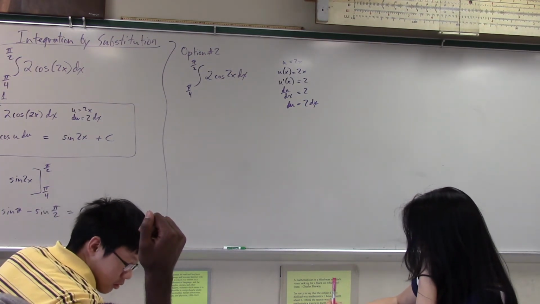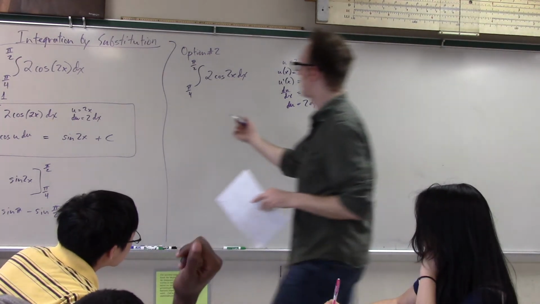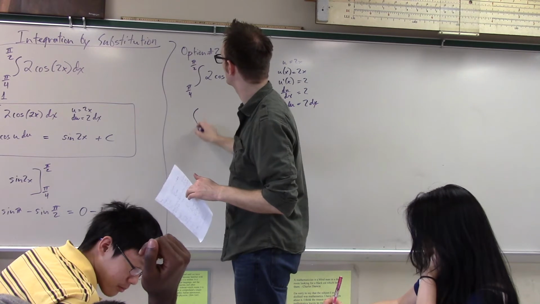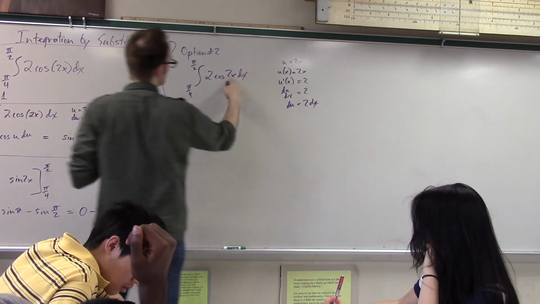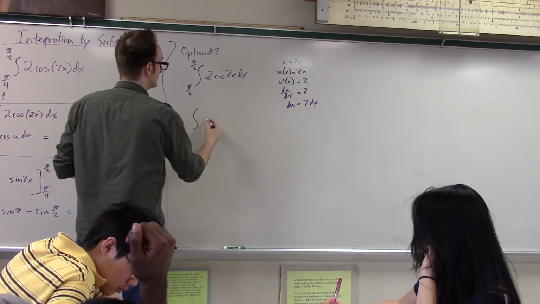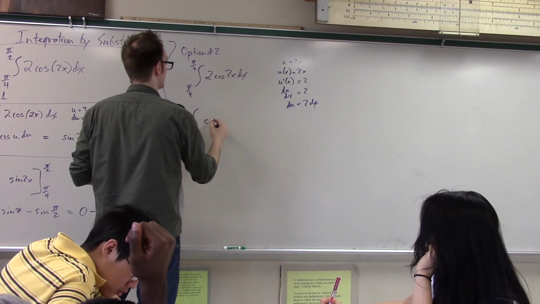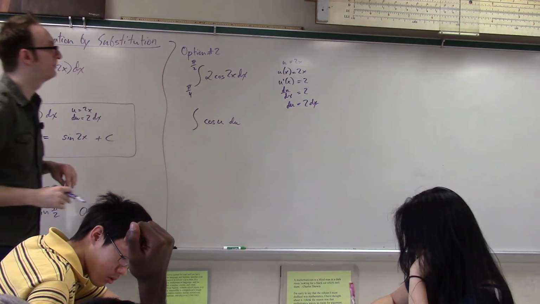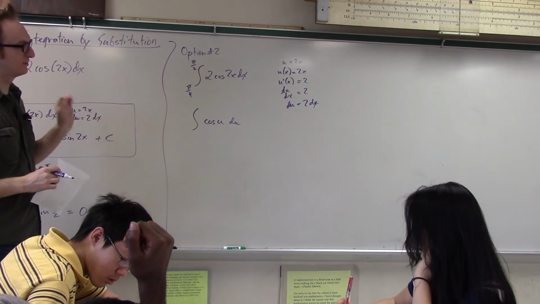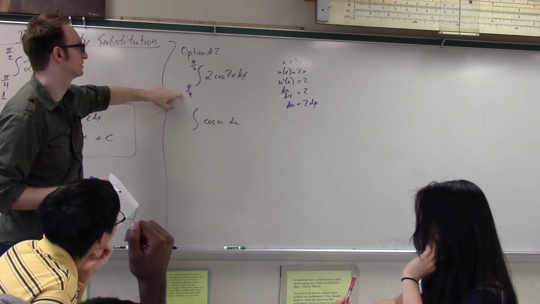Alright, and then that 2 is already sitting there. So I'm just going to perform the substitution directly on this integral. And 2 cosine 2x dx becomes cosine u du. Okay, but here is the important part: these numbers are x values.